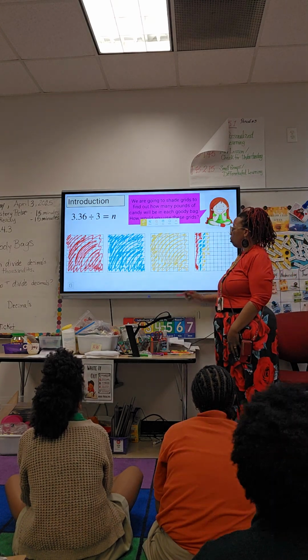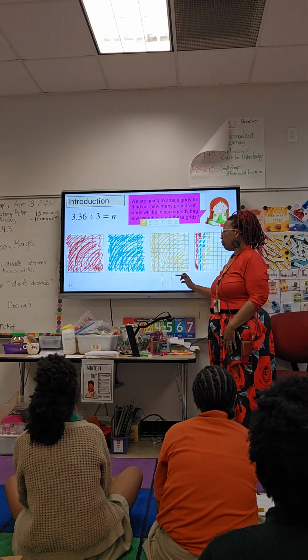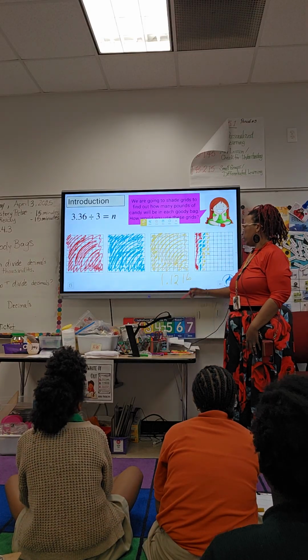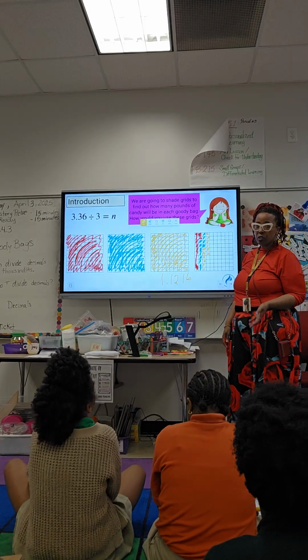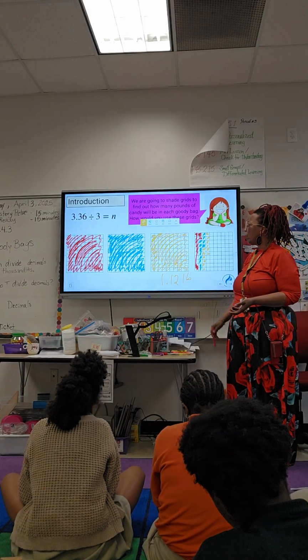And that would equal 1 and 12 hundredths pound of candy per child. So each color represents a different child.